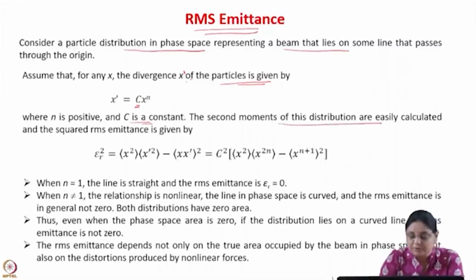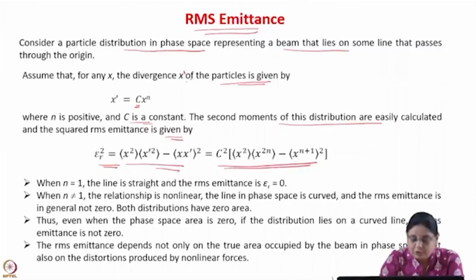The second moments of this distribution can easily be calculated as we have seen here, because the distribution is given, and the squared RMS emittance can be calculated using this formula. So we get this expression.